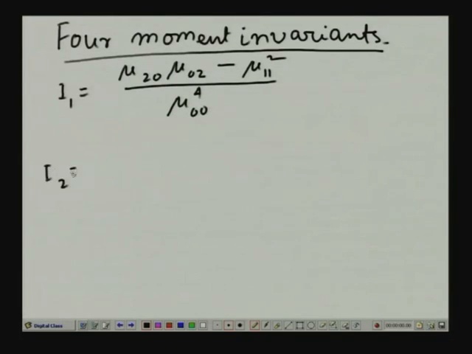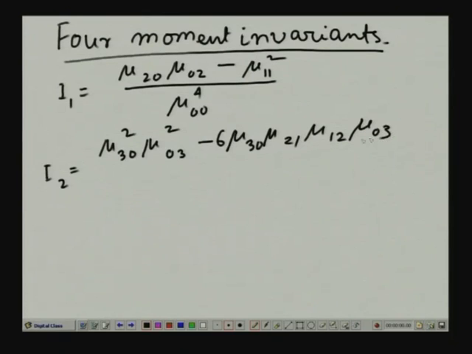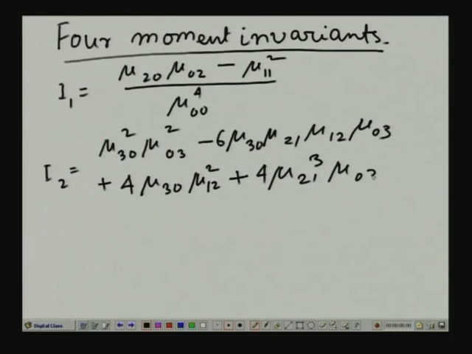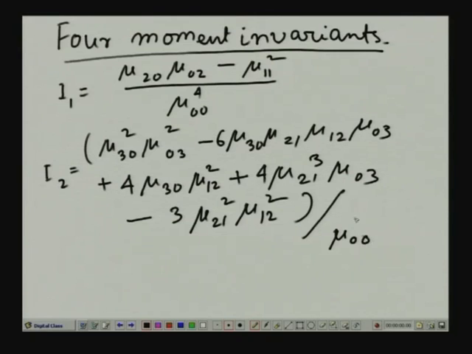I 2 is given by mu 3 0 square mu 0 3 square minus 6 mu 3 0 mu 2 1 mu 1 2 mu 0 3 plus 4 mu 3 0 mu 1 2 cube plus 4 mu 2 1 cube mu 0 3 minus 3 mu 2 1 square mu 1 2 square, divided by mu 0 0 to the power 10.